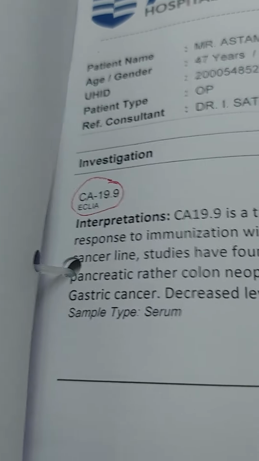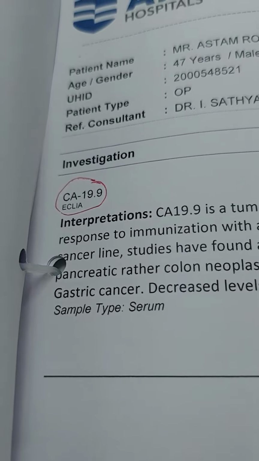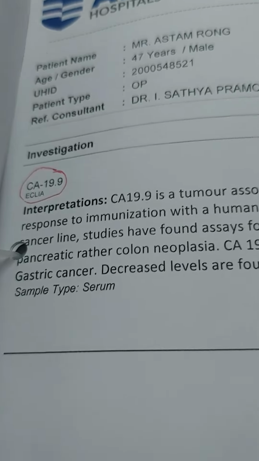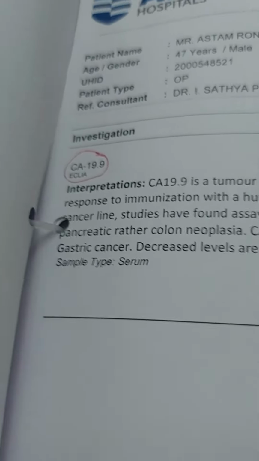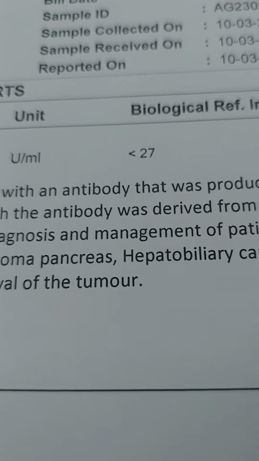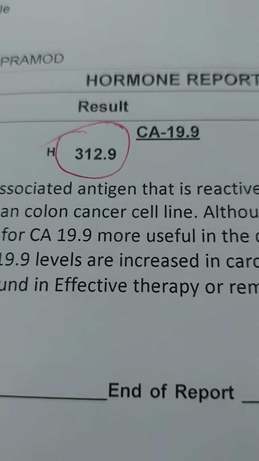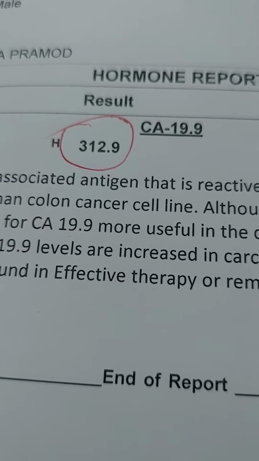Now, it has once again been confirmed by another blood test, which is known as CA 19.9. In the CA 19.9 test, the level is normally within 27. It has increased up to 312.